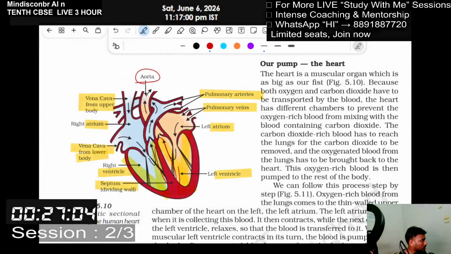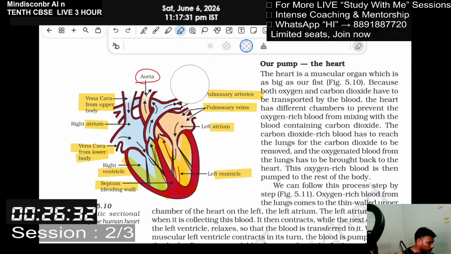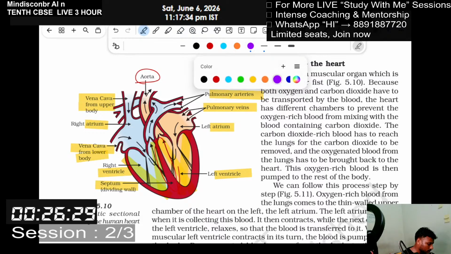Okay. First, the oxygenated blood enters from here, from lungs.